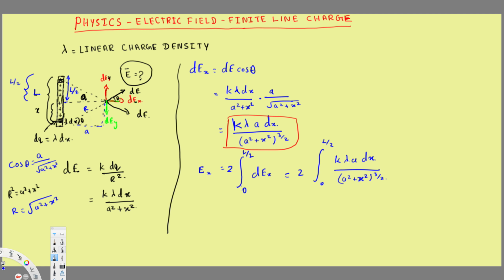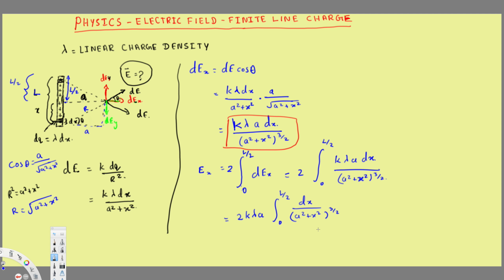We know that k, lambda and a are all constants, so we can move them in front of the integral. So this is going to be 2k lambda a integral of 0 to L by 2 dx divided by (a square plus x square) power 3 by 2, right? So this is what we have.